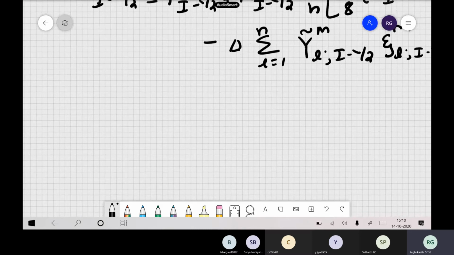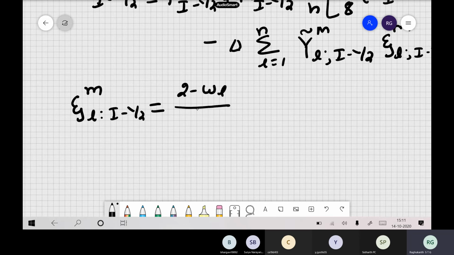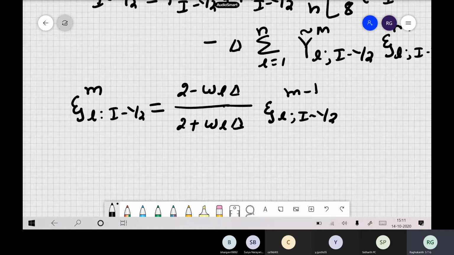Now for the coefficient psi L, that ODE also you have to write, so psi L i minus half. So 3 ODEs are there. So 2 minus omega L times delta, plus 2 plus omega L into delta, psi L n minus 1, i minus half.